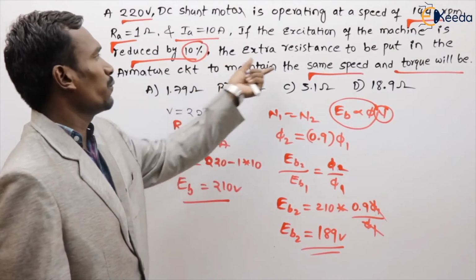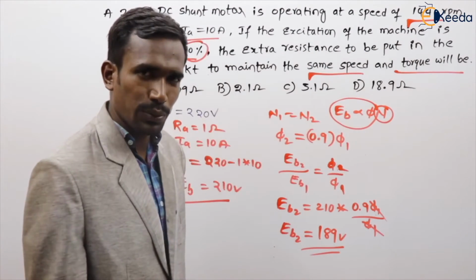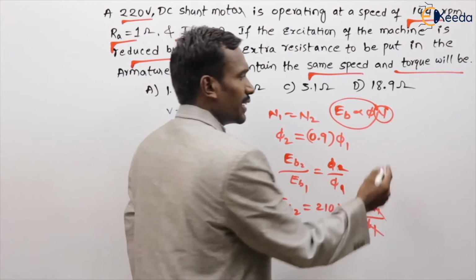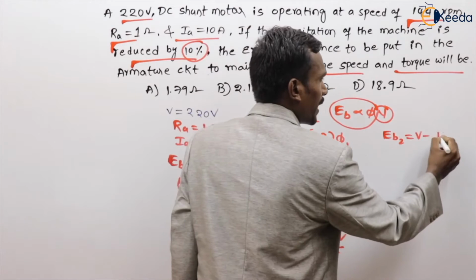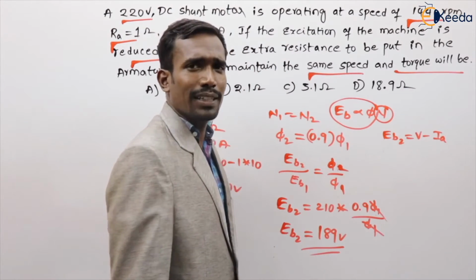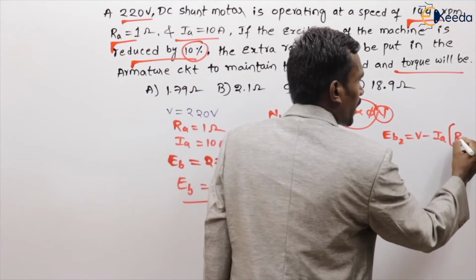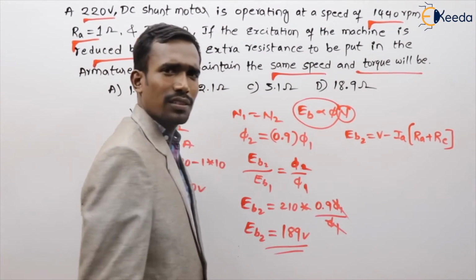Now I want to find the extra resistance included in the armature circuit. See here how we calculate. EB2 is equal to V minus IA into (RA plus extra resistance).